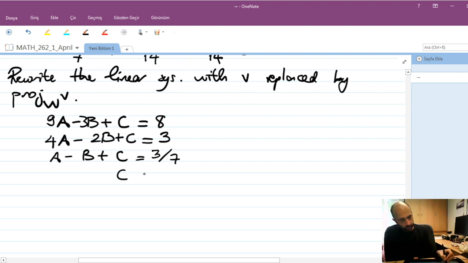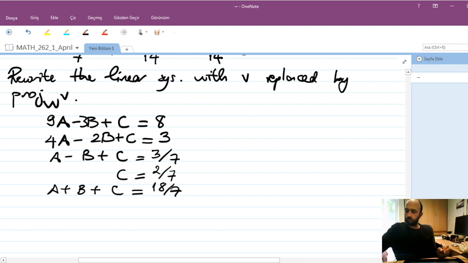And C, which was supposed to be 1, is now not 1, it is 2/7. And likewise the others change. So A plus B plus C is 18/7. In the original system, the old value was 3, so it's close to 18/7 but different.